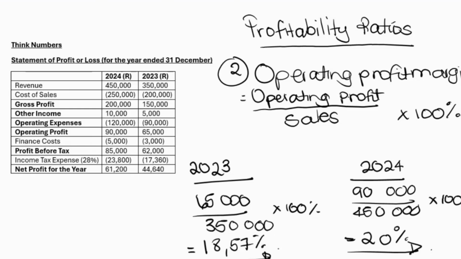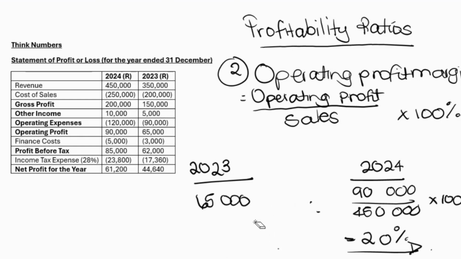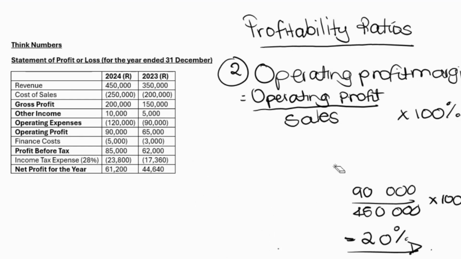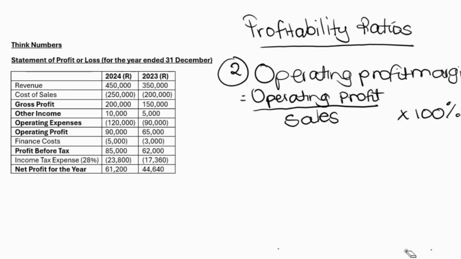And an ideal percentage for the operating profit margin is anywhere between 10 to 20%, because then it would mean we are efficiently utilizing our core operations to gain a profit.